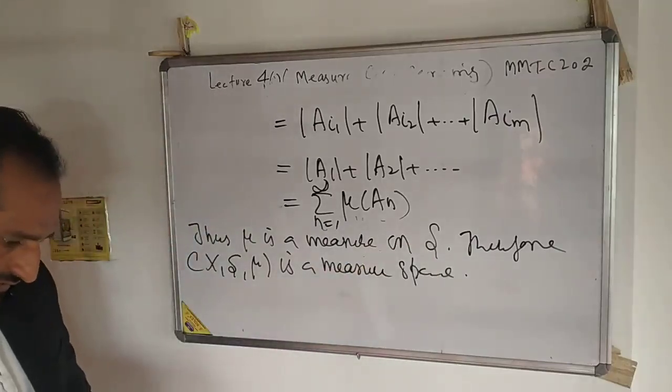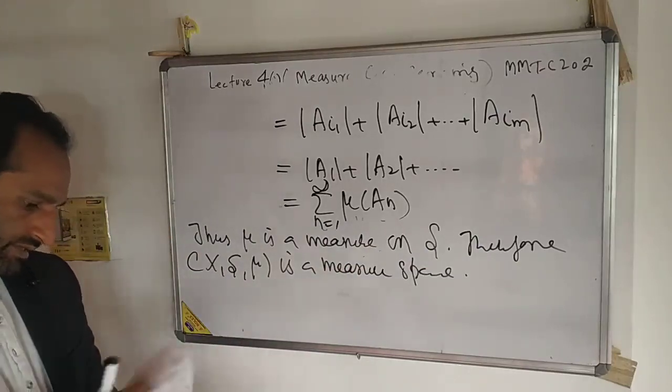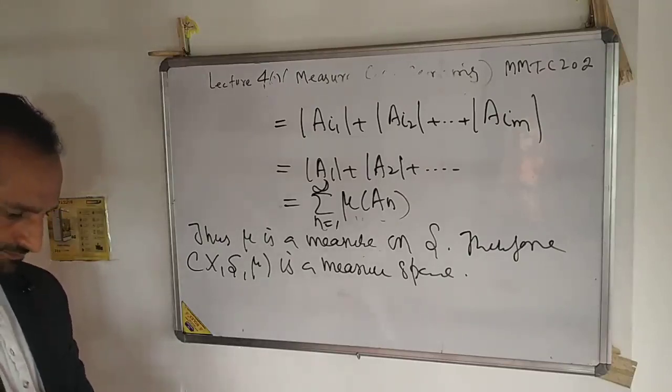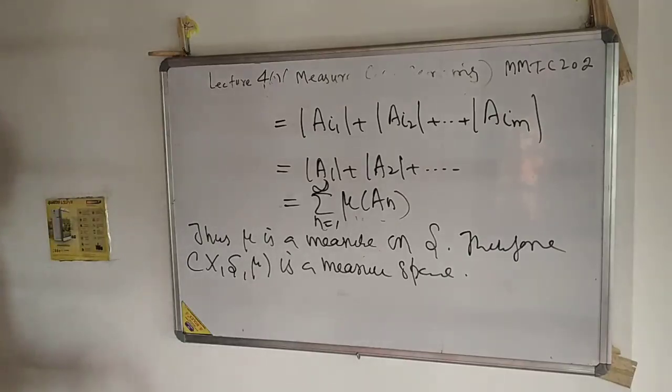The next one is the counting measure. Not the counting measure, that's the Dirac measure. This was the counting measure.